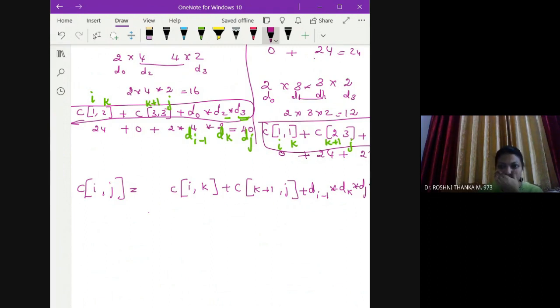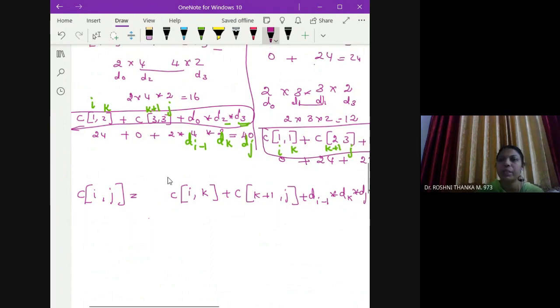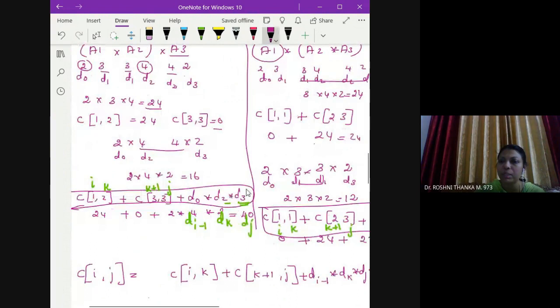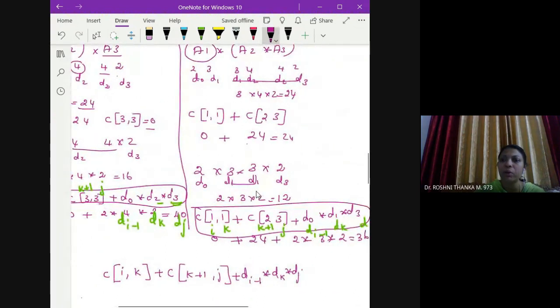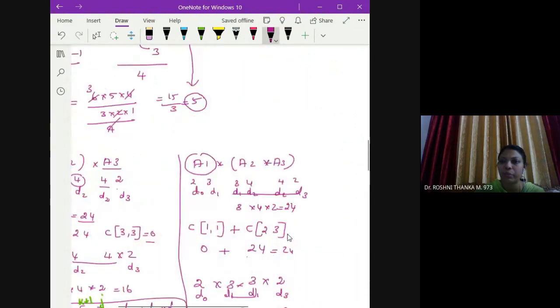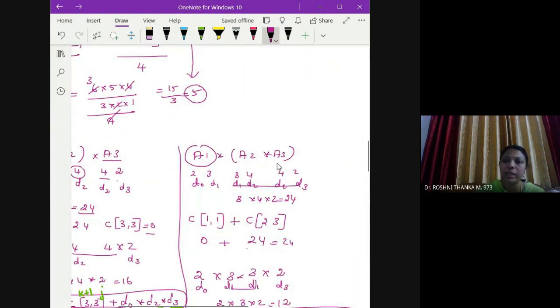Okay, so what we did in the previous case, we wanted to multiply three matrices and we calculated the cost. And from this, which is the best way? The one which has the less cost was taken under consideration. So if I multiply first A2 and A3 and then multiply that result with A1, I'll be getting the best minimum cost, right?